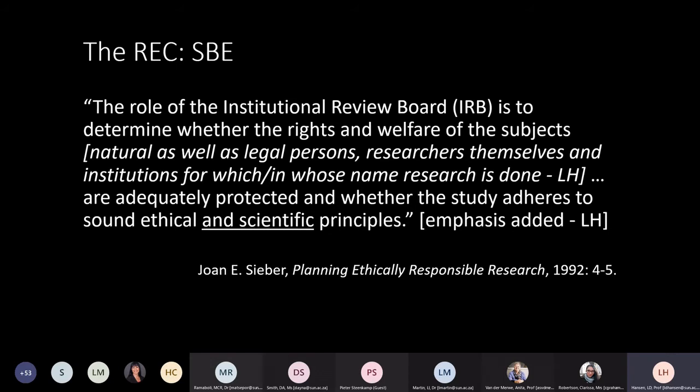The role then of the Institutional Review Board is to determine whether the rights and welfare of the subjects are adequately protected and whether the study adheres to sound ethical and scientific principles.